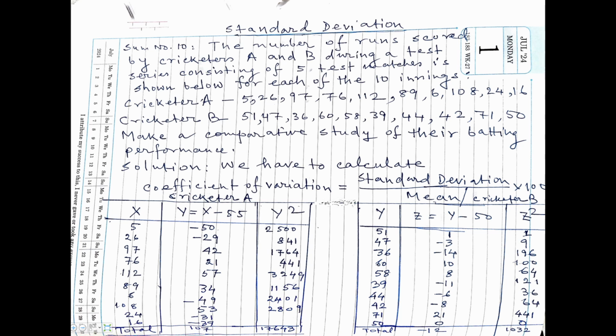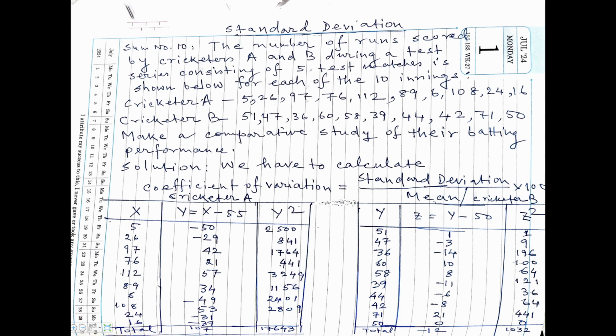When we compare the batting performance of two cricketers, we have to calculate first the coefficient of variation of cricketer A and the coefficient of variation of cricketer B. Then we will compare these two.